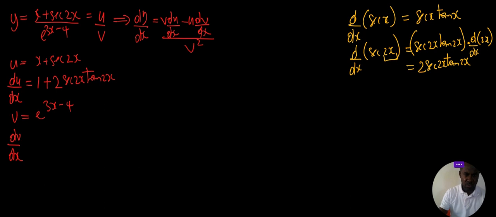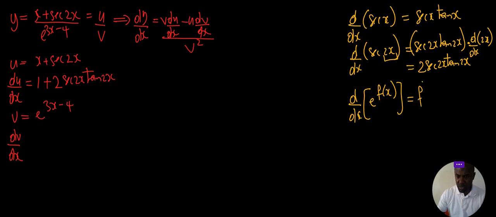Once again, just to jog your memory, generally, the derivative of an exponential or composite exponential function is simply equal to the derivative of the exponent times the function itself. So d by dx of e to the f of x is equal to f prime of x times e to the f of x.